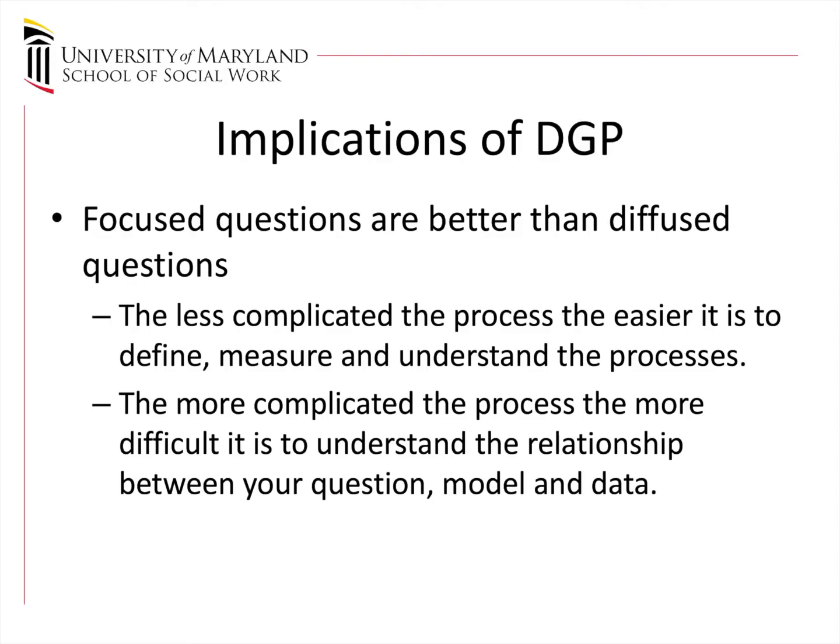One, focused questions are better than diffused questions. The more specific and concrete the question, the easier it is to know whether your data can answer that question, and then to develop models that can uncover whatever is going on in that data. So the less complicated the process, the easier it is to define, the easier it is to measure, and the easier it is to understand.